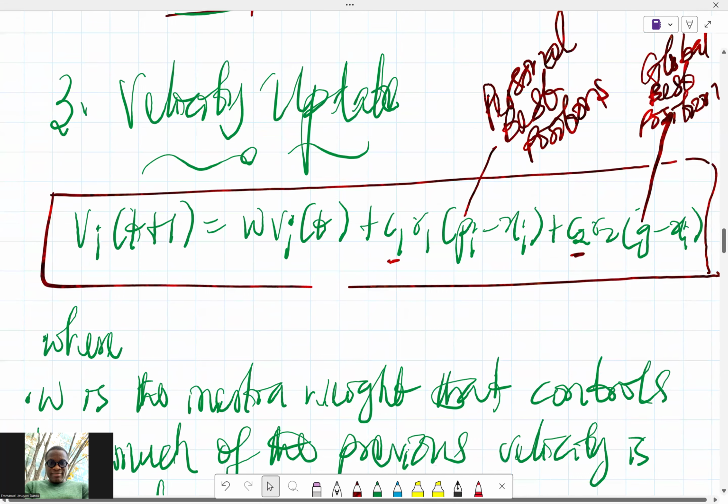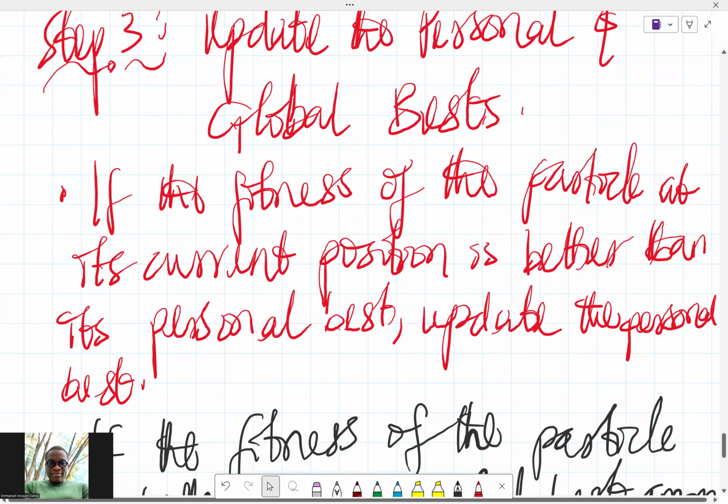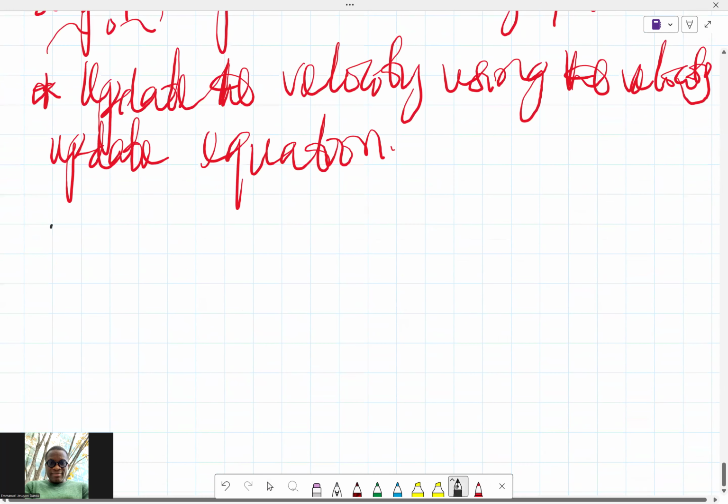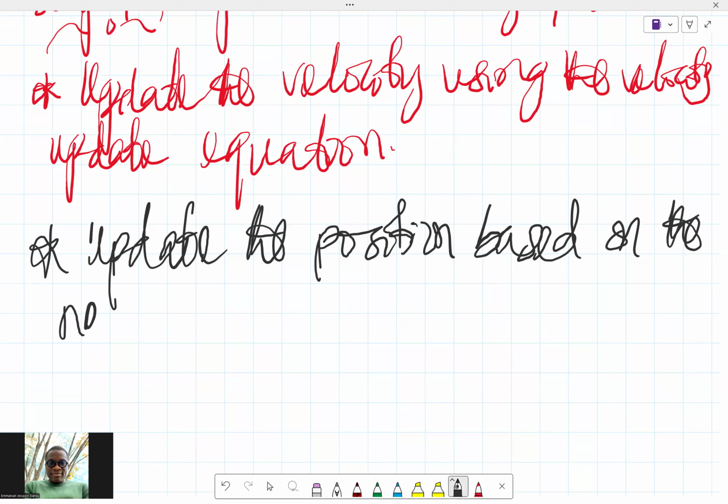After that, we update the position based on the new velocity. You know the new velocity is necessary to update the position.